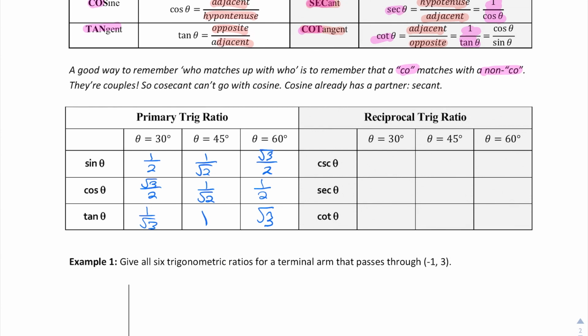So the reciprocal trig values for cosecant, secant, and cotangent, and I've matched them up so sine is matched with cosecant. So I just simply take 1 over 2 and I flip it so it becomes 2 over 1. So that's matching this guy with this guy. And so really that's the same as 2.